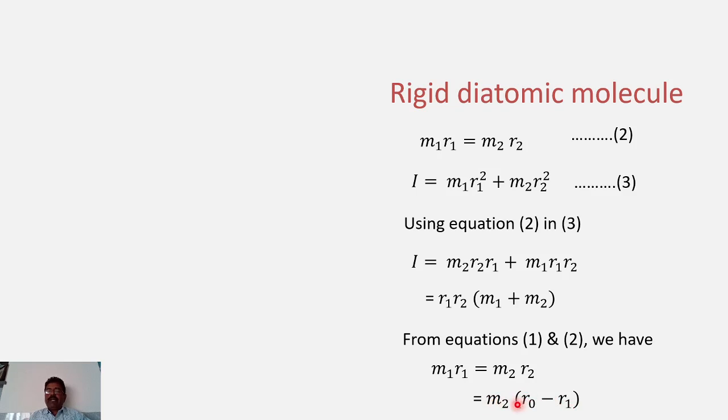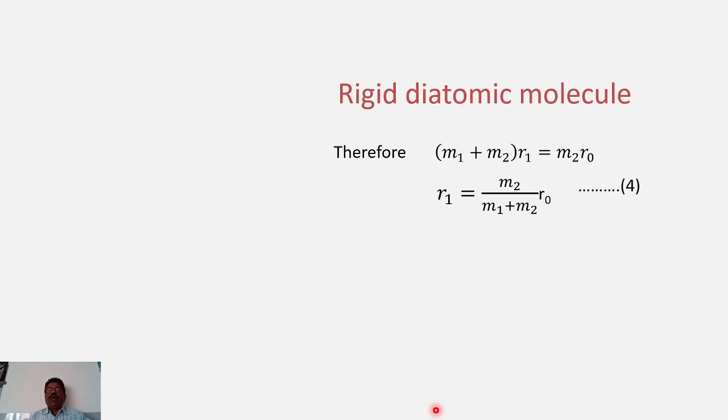Multiplying this, m2 R0 minus m2 R1. Taking minus m2 R1 to the left hand side, that will be m1 R1 plus m2 R1. Taking R1 common, m1 plus m2 into R1 is equal to m2 R0. So R1 will be equal to m2 upon m1 plus m2 into R0. Suppose this is equation number 4. So we have defined the value of R1 by using equations 1 and 2.